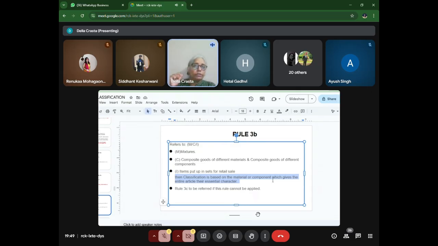What kind of items did we speak of in 2B? We spoke about milk mixed with vitamins, and maybe barley, wheat, and oats mixed together. Those kinds of items were described in 2B. But what kind of items are being described here in 3B? So we'll see the example now.